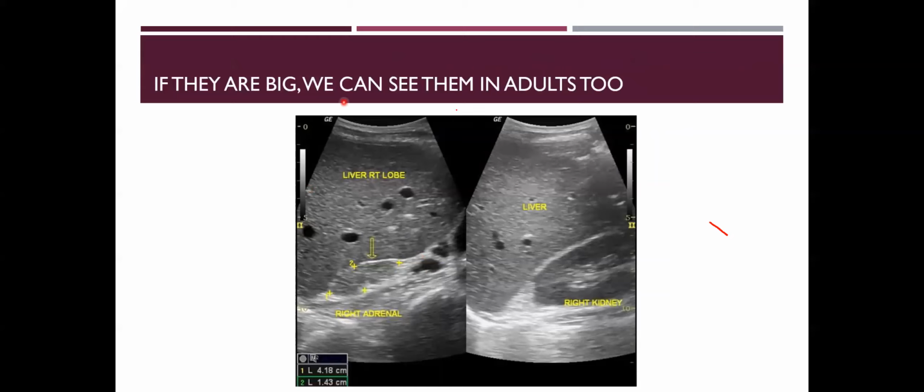If they are big, we could see them in adults too, or as well. So right kidney, you don't see the adrenal right here. We had to go a little bit medial to the right kidney, and we saw this adrenal. That's huge. That's a big adrenal gland. So something's wrong with that one.